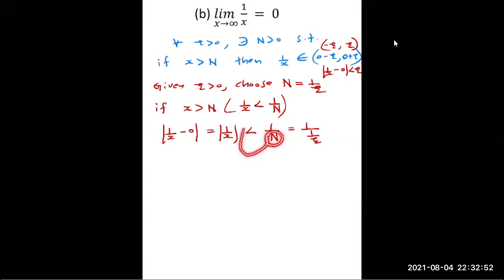I decided that I have to choose my n to be 1 over epsilon, so that when I simplify this expression, I get epsilon. By the reciprocal rule, this will be epsilon. That's exactly what I want. If x is greater than n, I want the absolute value of 1 over x minus 0 to be less than epsilon. So we have that established here.